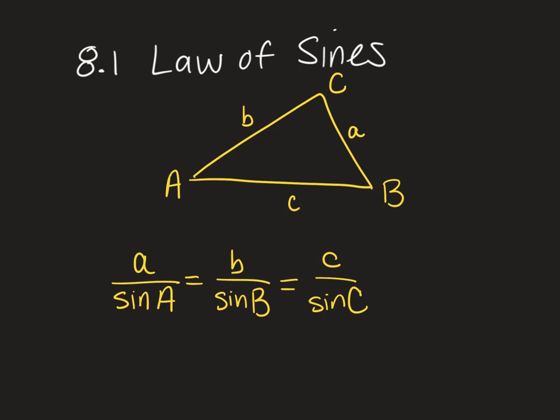Let's say I knew what angle A was, I knew what angle C was, and I knew what side c was. Then I would use this and this to set up an equation with one variable left in it to solve. I'm going to do an example and show you. That's going to be way easier.